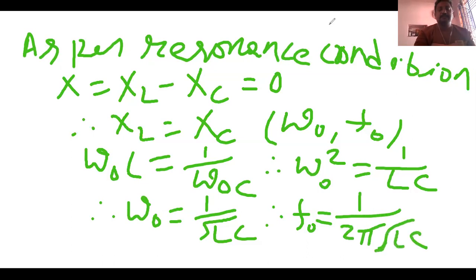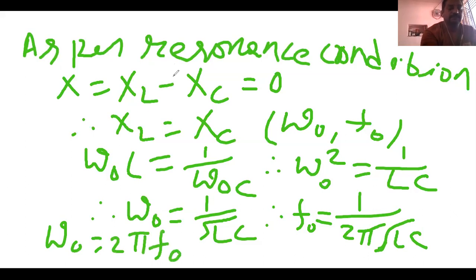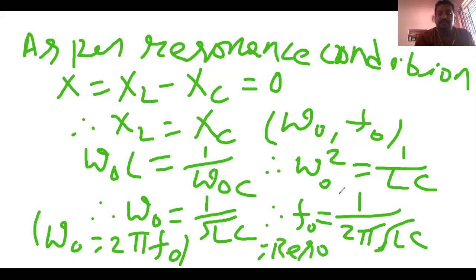Here, omega naught is the angular frequency, omega naught is equal to 2 pi F naught. From this, we get the resonant frequency. So this is called the resonant frequency, and this is the value of the resonant frequency.